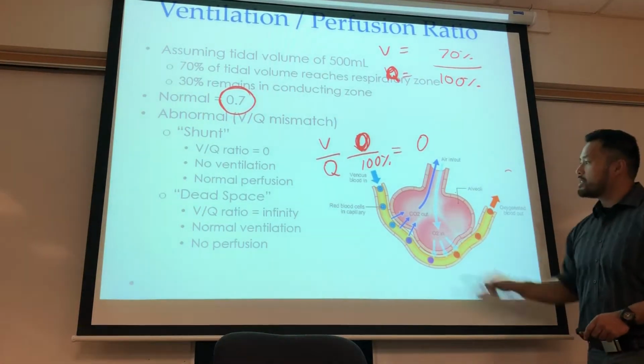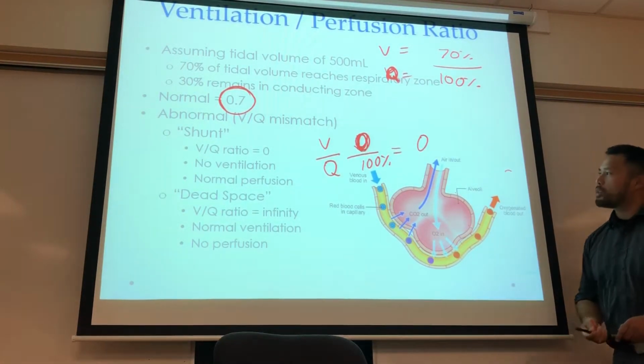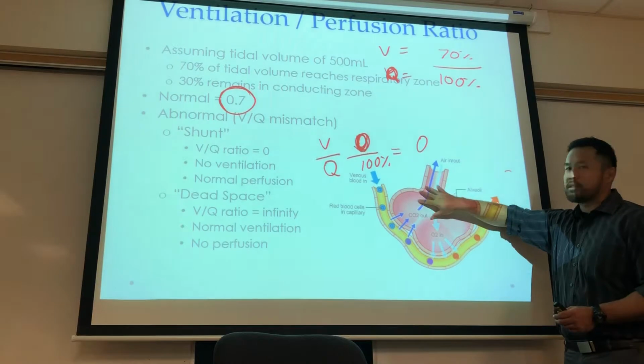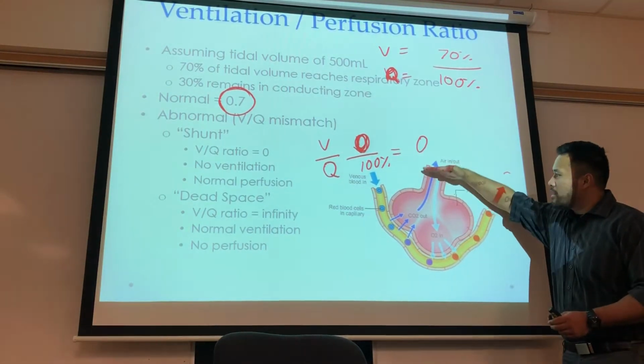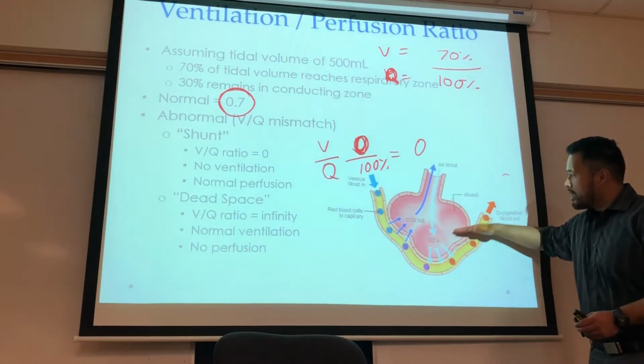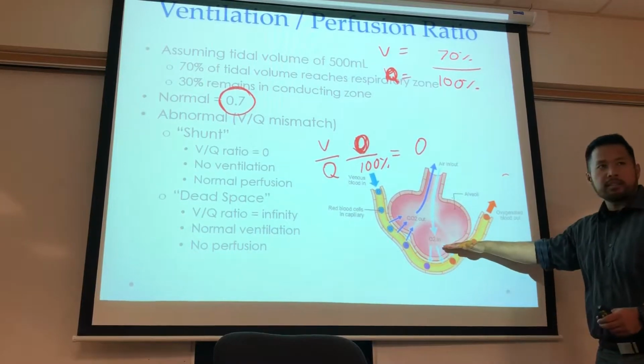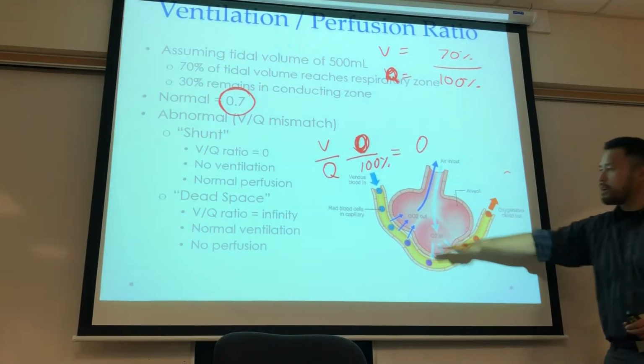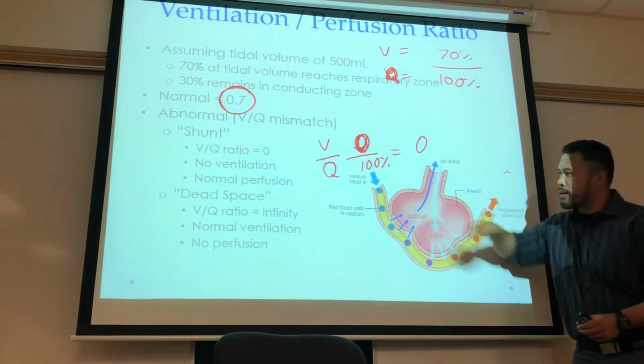So somebody who has this, why would this be important? Well, think about what happens with pneumonia. Pneumonia is going to be a fill-up of fluid, so the alveolar space is going to fill up, and now you're going to block the alveolar interface from that of normal capillary function, meaning blood flow is normal, but no ventilation.